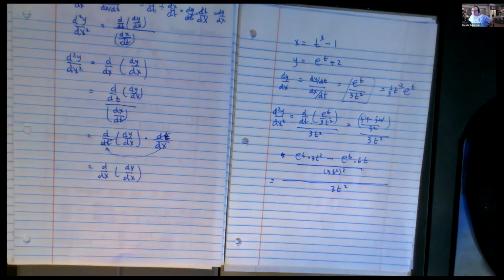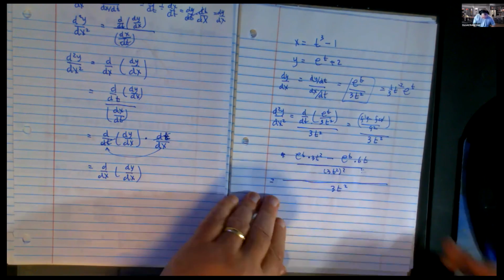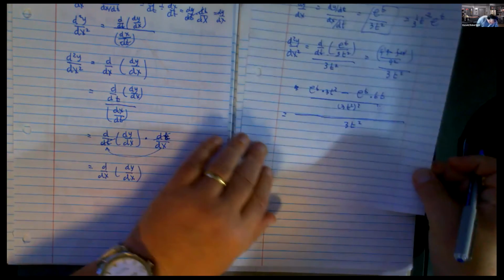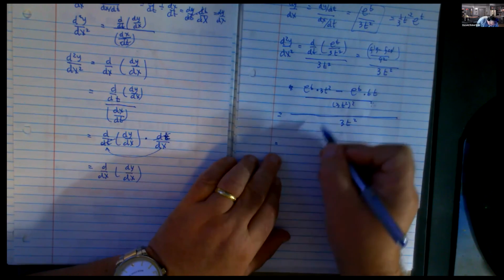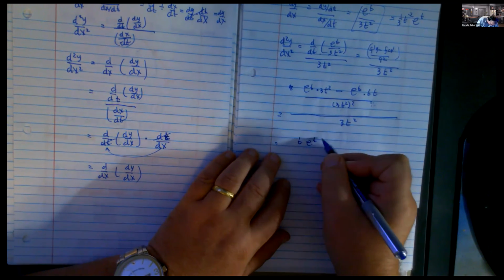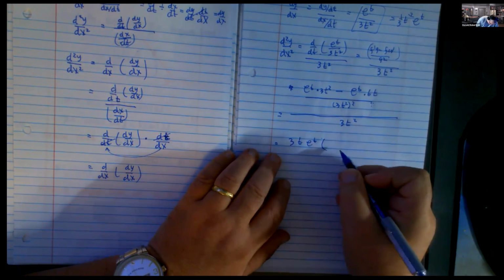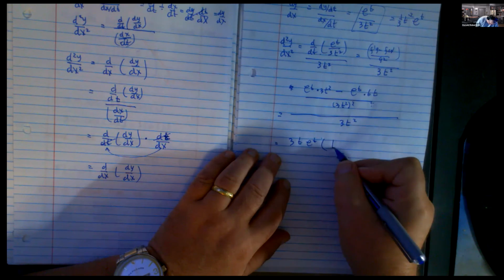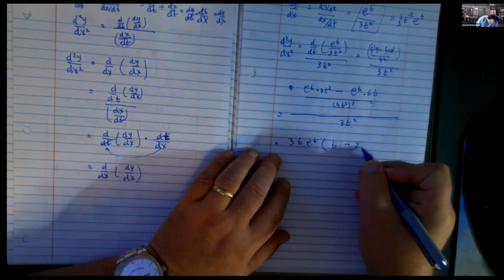Can you see how ugly the algebra is getting? And we haven't even quite tidied it up. Right. So let's try tidying up a little bit. I'm going to pull out a t, e to the t, and a 3. And that's going to leave me with a t minus a 2.